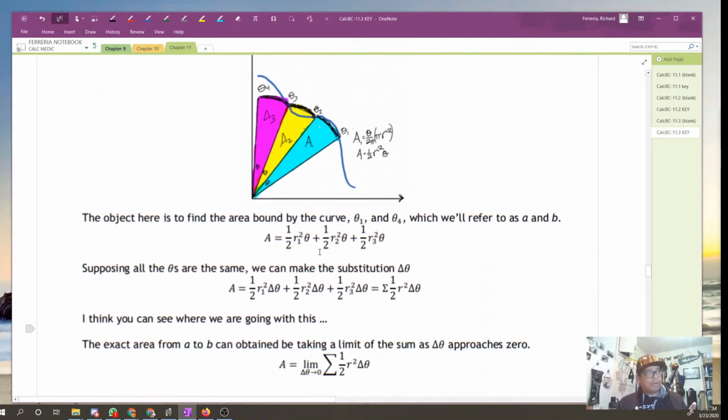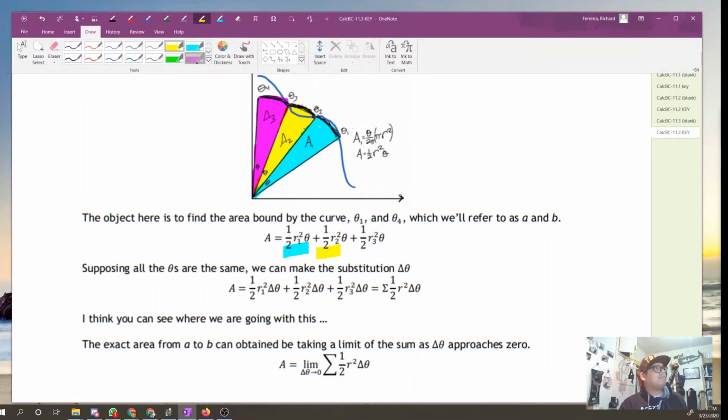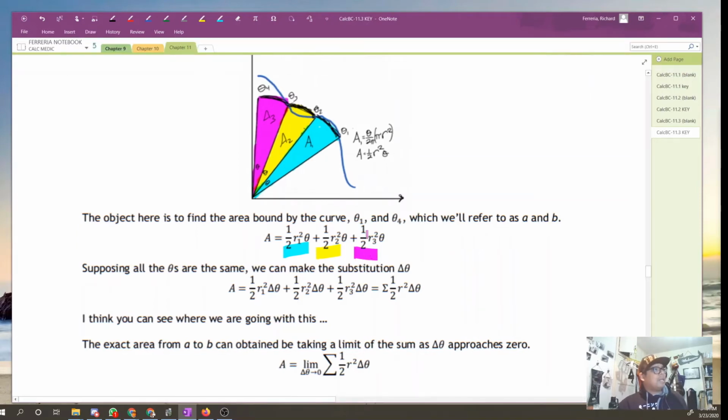So the area is 1/2 of the first radius squared plus 1/2 of the second radius squared plus 1/2 of that third radius squared. If you make all those thetas the same, then really the theta you can think of as a delta theta. And then this is dangerously looking like calculus, right?